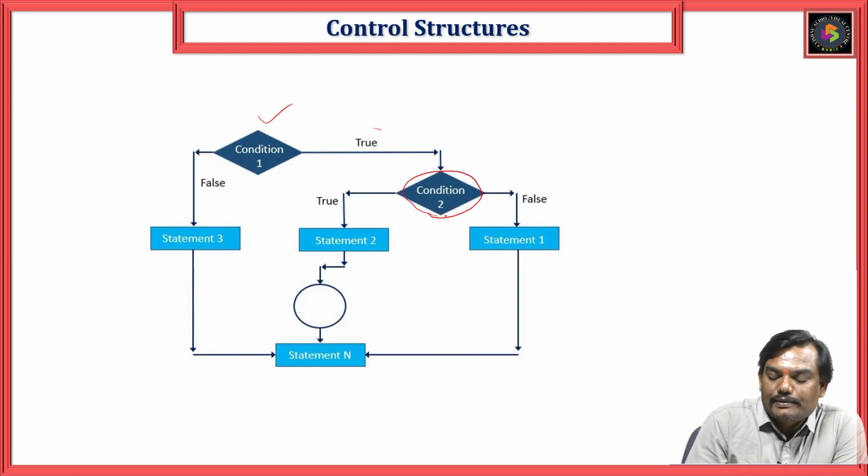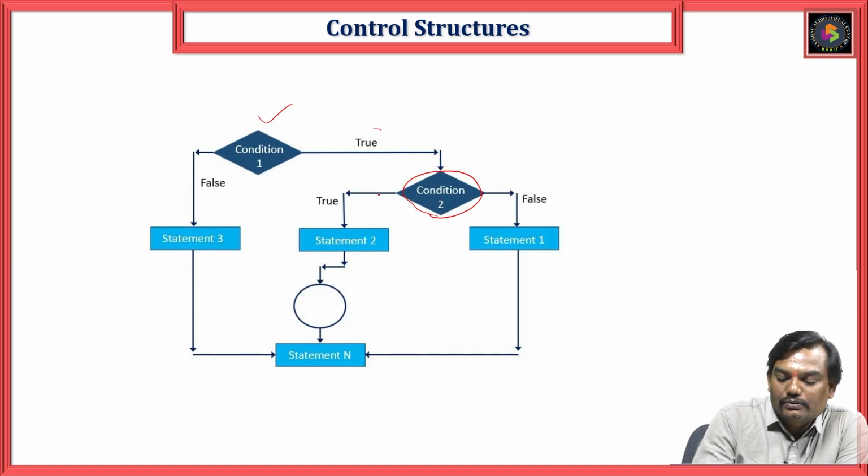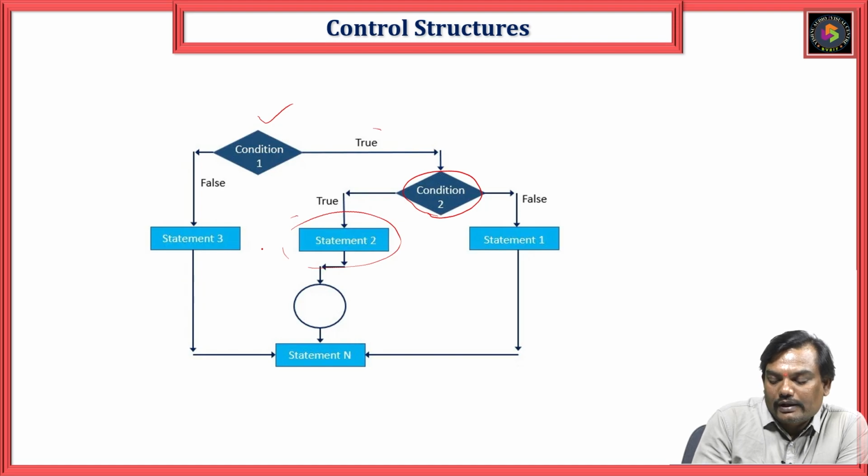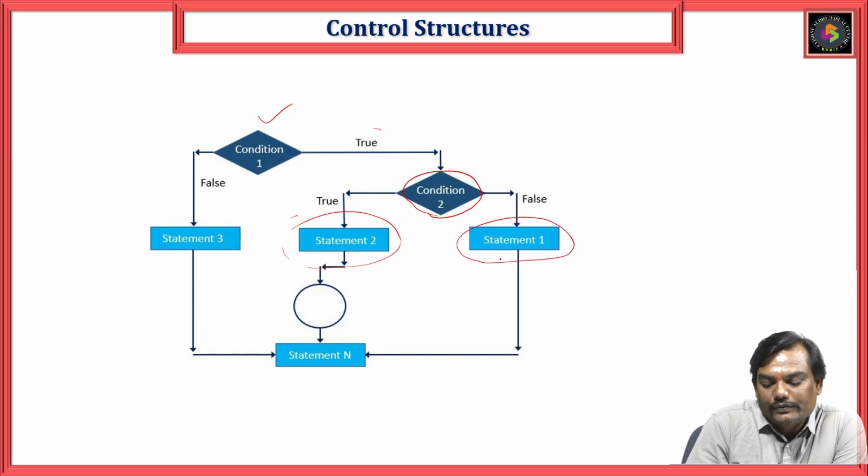If the second condition is evaluated to true, the control travels in the true path and statement 2 gets executed. If this condition is evaluated to false, the control travels in the false path and statement 1 gets executed.